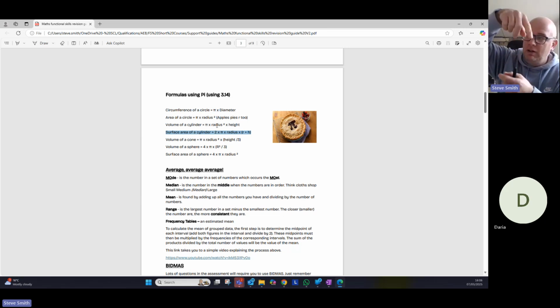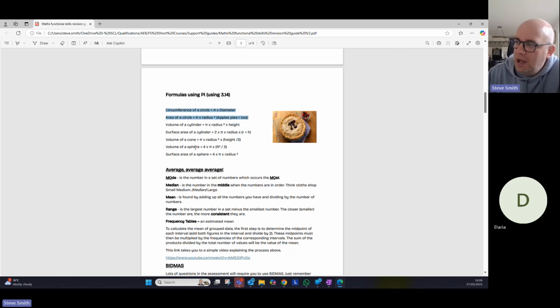That's the area of my lid. If I want to find out how much volume's in it, I've worked out my area of my lid, I just times it by how big. I've got a big tube of Pringles, or a little tube of Pringles. So I just do my area of my circle on top, and then the height of my cylinder. So if you remember those two at the top, the rest is just a build-up of those two.